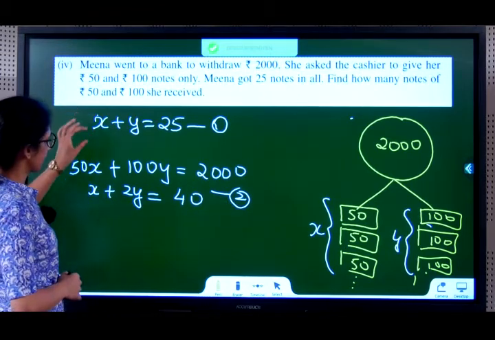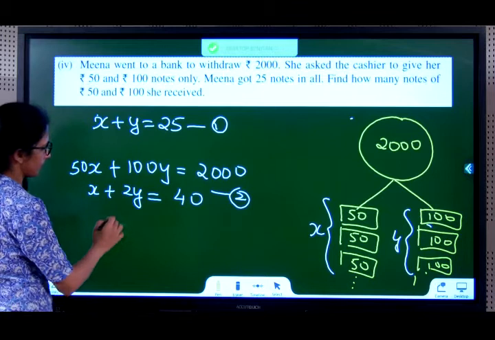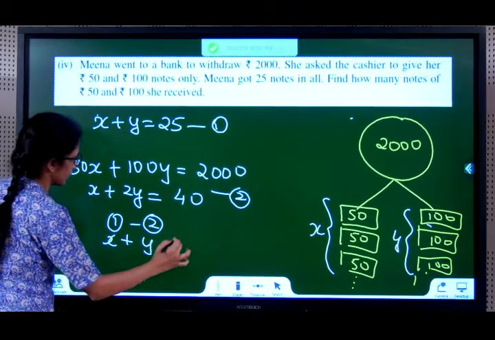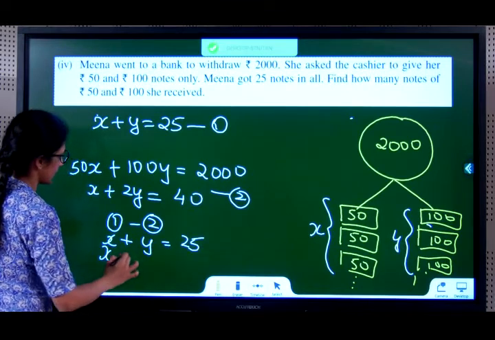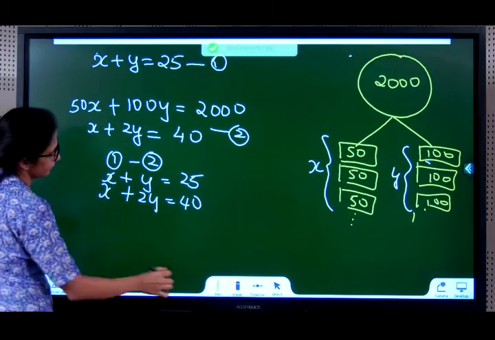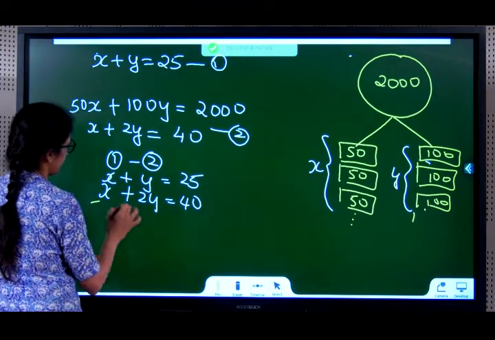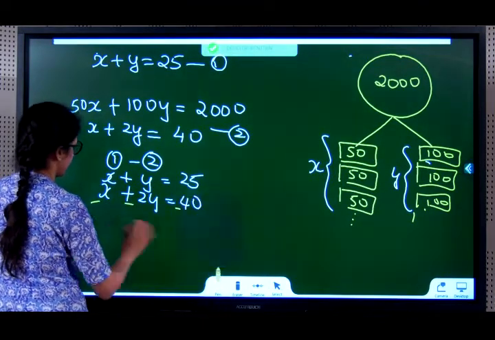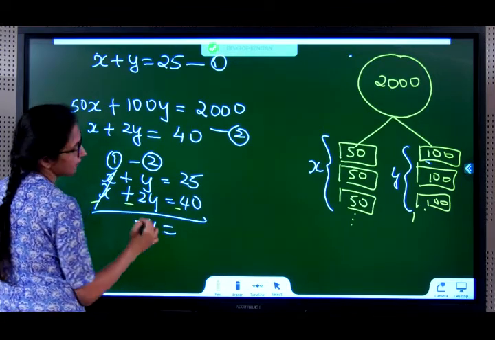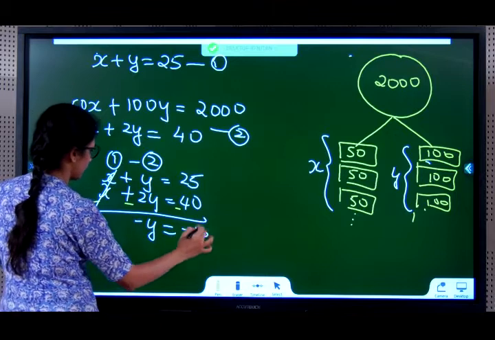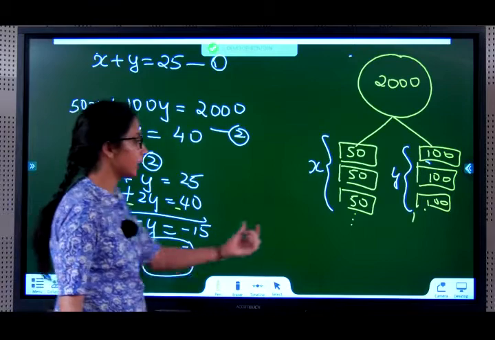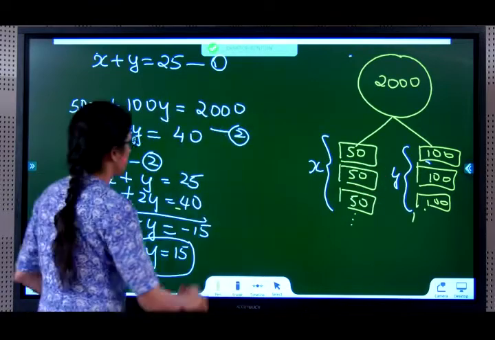As you can see, x is same, so we'll go for subtraction. 1 minus 2, x plus y is 25, x plus 2y is equal to 40. Subtract. y minus 2y minus y, 25 minus 40 minus 15. y is equal to 15 notes. That means there are 1500 rupees notes.